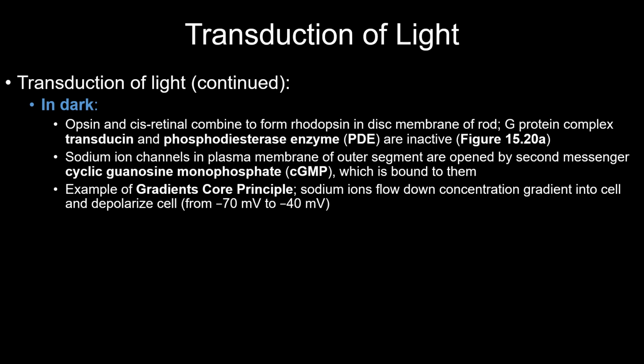And this cGMP is bound to the plasma membrane sodium ion channels. Now, this concentration gradient favors the movement of sodium into the cell. So sodium flows into the cell, depolarizing it from resting -70 to -40. Okay?